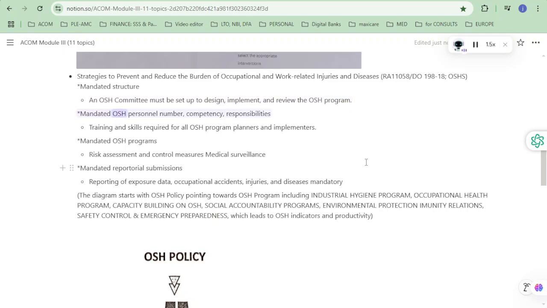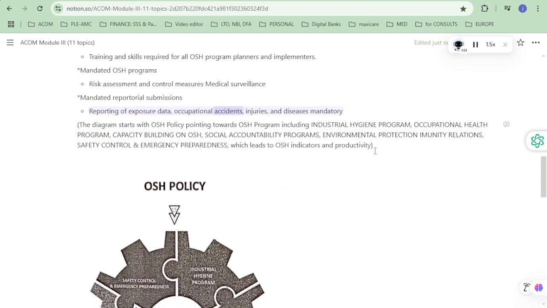Asterisk mandated OSH personnel number, competency, responsibilities. Training and skills required for all OSH program planners and implementers. Asterisk mandated OSH programs. Risk assessment and control measures, medical surveillance. Asterisk mandated reportorial submissions. Reporting of exposure data, occupational accidents, injuries, and diseases mandatory.